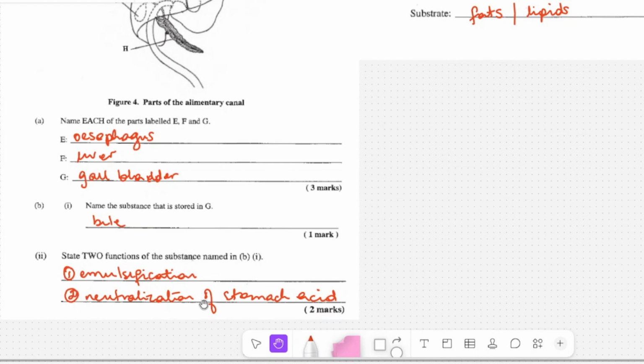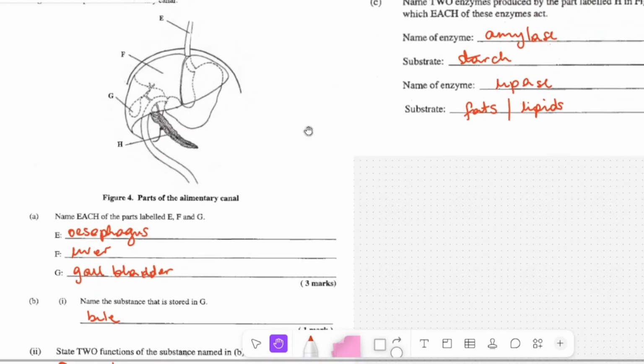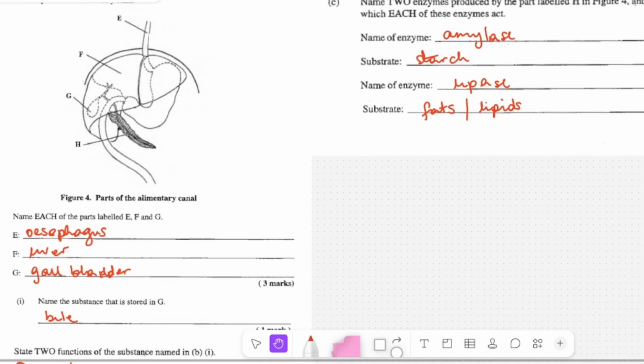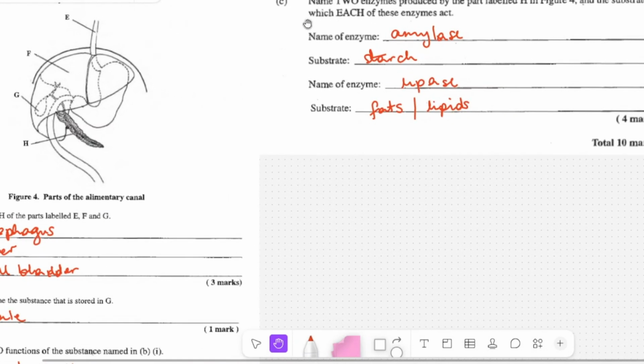And then 2, the neutralization of stomach acid. So it helps with neutralizing that HCl, which is the hydrochloric acid that is coming with the chyme, to ensure that the enzymes released in the small intestines are able to work at their optimum. Then finally, we have C. Name 2 enzymes produced by the part labeled H. What is H?